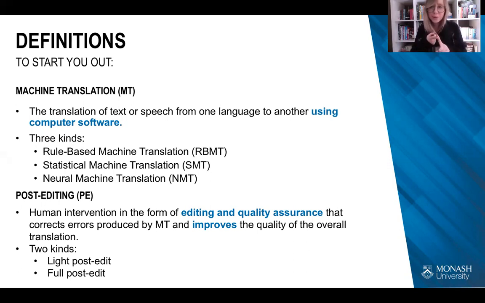The first one is what we call a light post-edit. And in this case, the machine translated output is post-edited to a level that is suitable for an acceptable and actionable translation. The grammar and style might not be 100% perfect, but as long as the main gist is conveyed and it reads well, then the main goal of the translation is achieved.